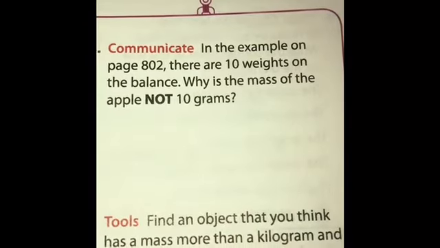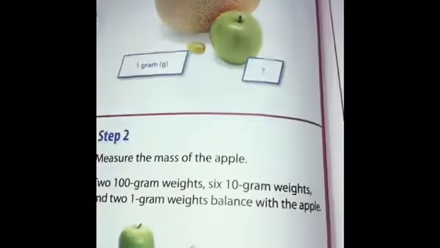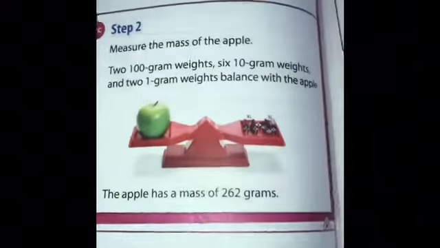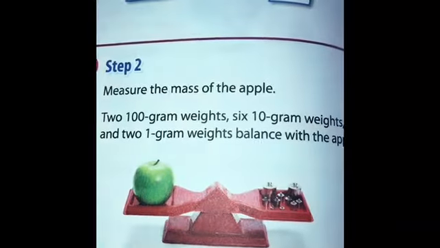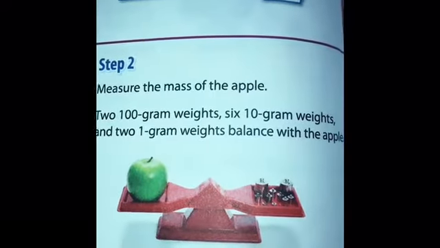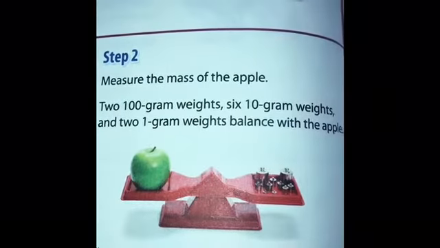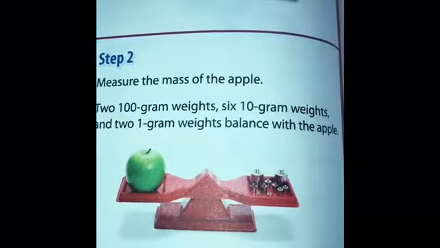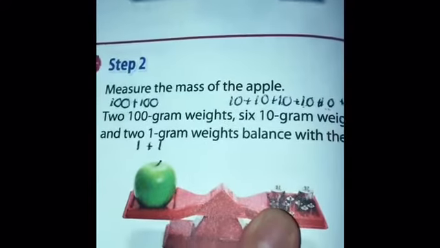Why is the mass of the apple not 10 grams? On page 802, we see the balance. We see that it says there's 2 of 100 grams, 6 of 10 grams, and 2 of 1 gram in the balance. With the apple on this side, there's weights.